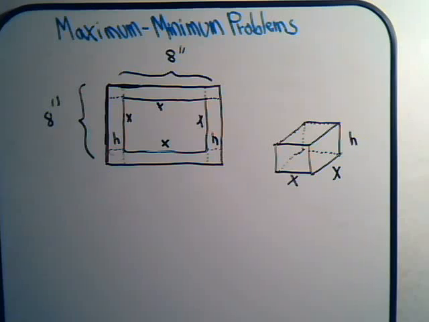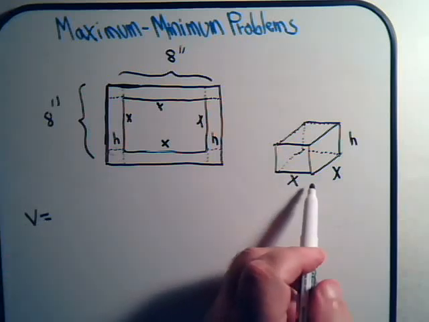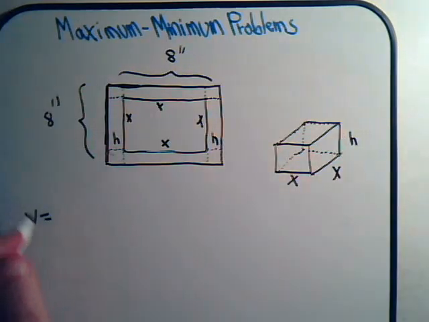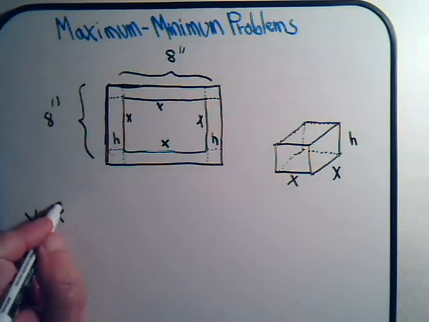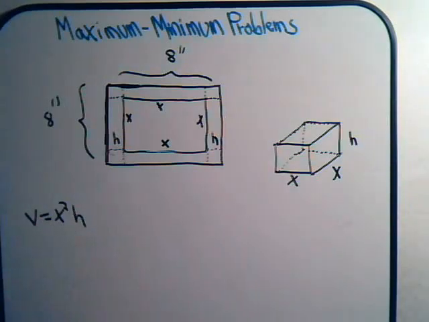Now, with the boxes that we're making, we can see that the volume is going to be this times this times this, so that would be X squared times H. And that's true as far as it goes, but what we want to do, and this is something that should apply to most of the problems that you're going to be confronted with, here we want to see if we can get this expressed all in terms of just one variable.